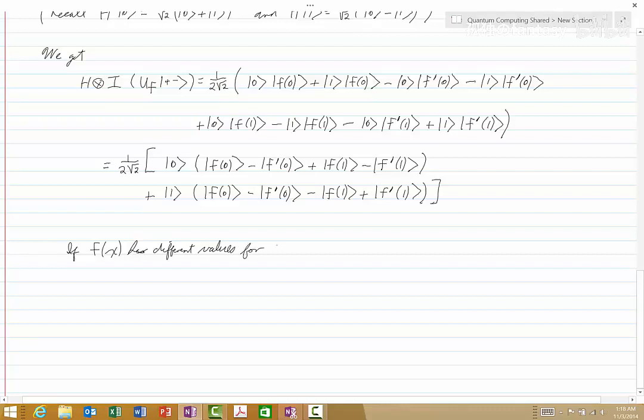If f of x has different output values for different input values of x, by which I mean f of 0 is not equal to f of 1.